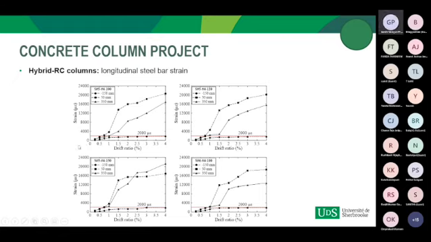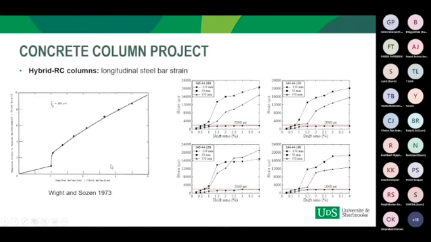The strain in the longitudinal steel bar at 50 millimeter above the column stub interface saw a jump after the yielding of the steel bar, and at 2% drift ratio, the strain hardening caused the strain to redistribute. The strain gauge installed at 150 millimeter below the column stub interface recorded strain lower than the yield strain, like 2000 microstrain, which showed that the development length provided for the longitudinal steel bar was adequate.